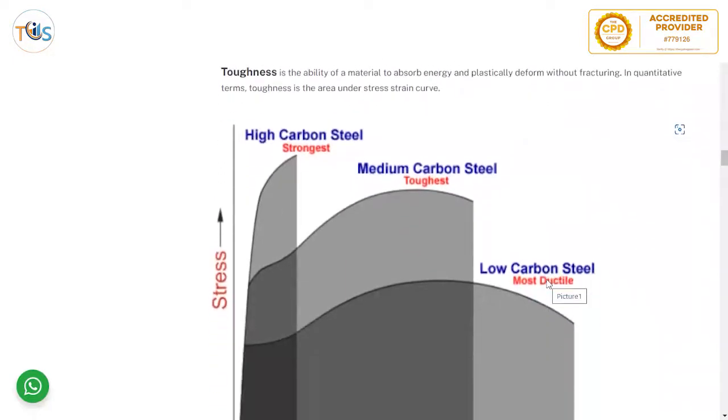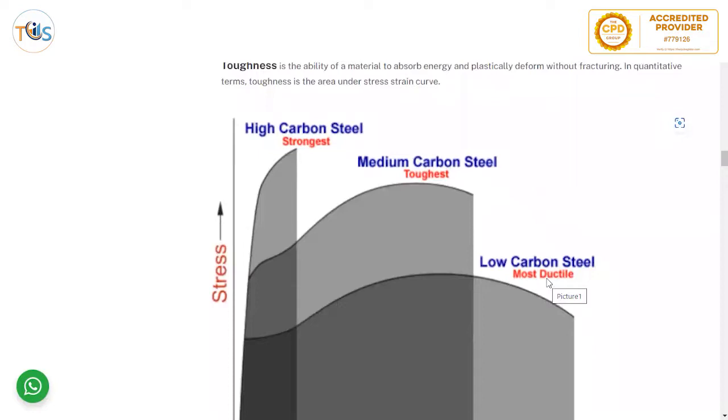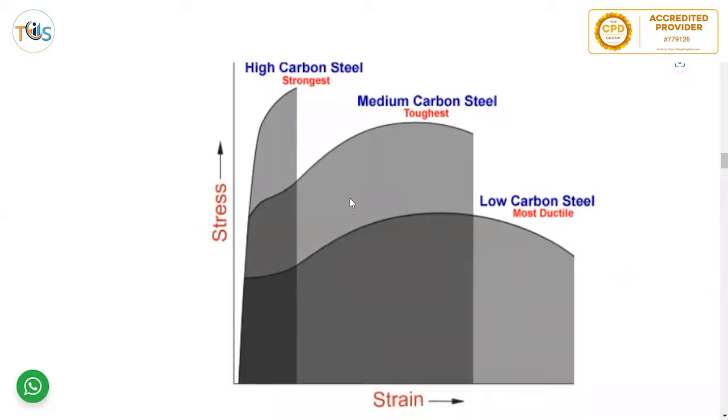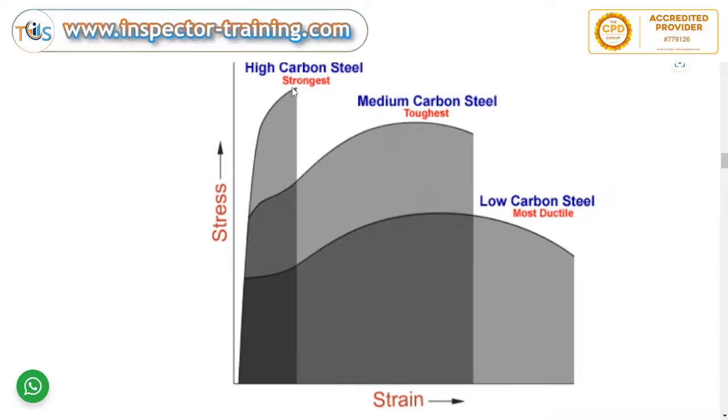Toughness is the ability of the material to absorb energy and plastically deform without fracturing. In quantitative terms, toughness is the area under the stress-strain curve. You can see here there are three materials that have been toughness tested. One has little strain, not much deformation, but it's the strongest.